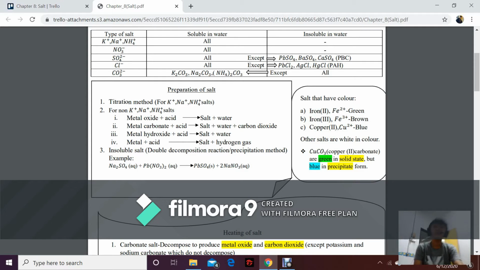So for the exam, they will probably give you the salt and ask you the question about is this salt soluble in water, or they give you four salts and say choose the salt that are soluble in water. One, two, three, four. So you choose. If you see NO3, definitely this is soluble salt. And you see Pb(NO3)2, this is also soluble salt.